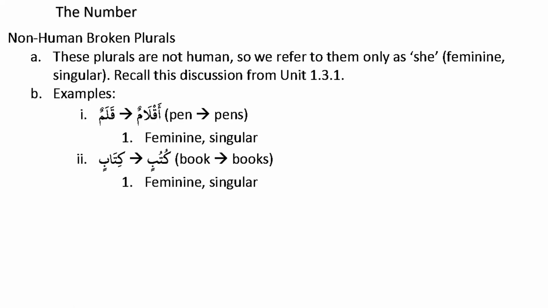But on top of that, another challenge is that they are grammatically singular. What does it mean? In English, if I say these 5 pens belong to me, or let's talk about cars. I have 3 cars, for example. These 3 cars are expensive.